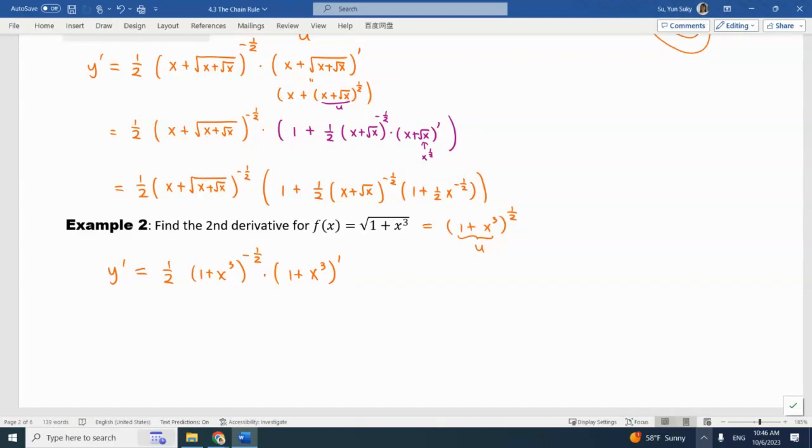Right? Gabby, what's the derivative of 1 plus x cubed? 3x squared. Yes, everybody?